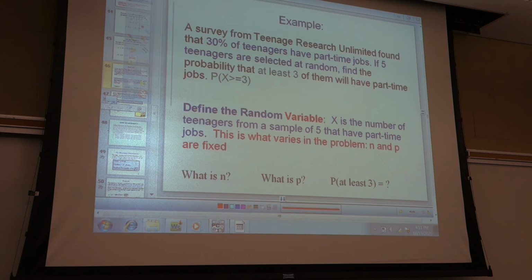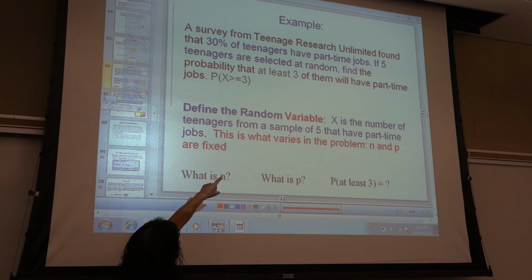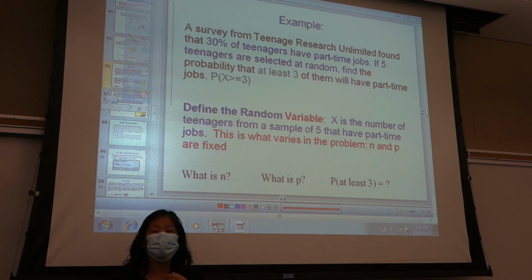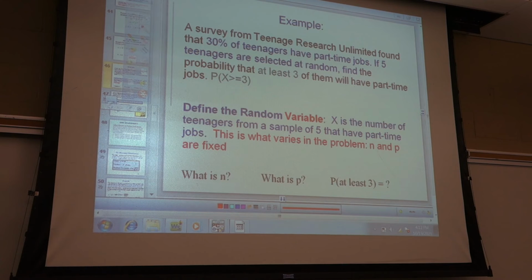So probability X is 3 or more. First, figure out my random variable. What changes along here? How many successes can I have? What does success mean? Having a part-time job. So my X is going to be the number of teenagers who have a part-time job.